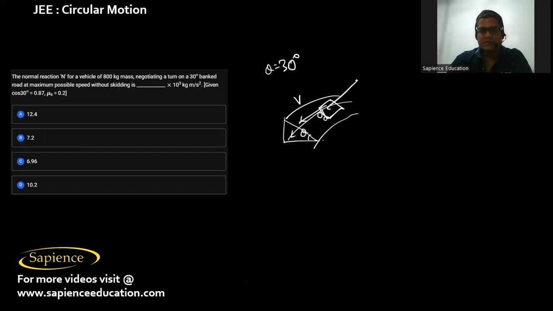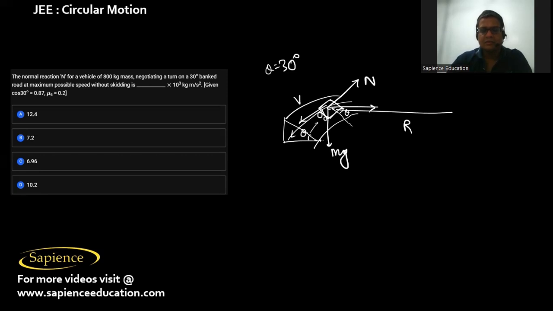And here we can say normal reaction will act like this and mg will act like this. So radius is r. Then the net force towards the center, that is centripetal force. So if this is angle theta, then this also will be theta.